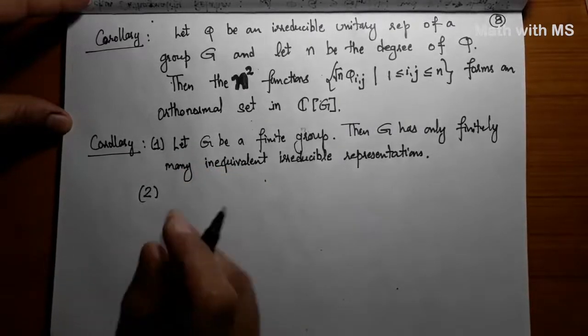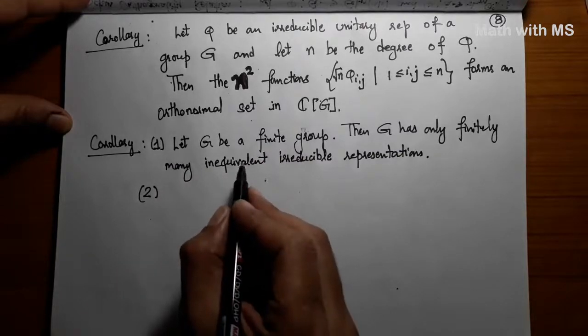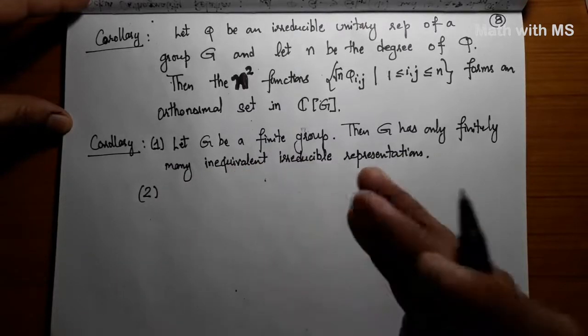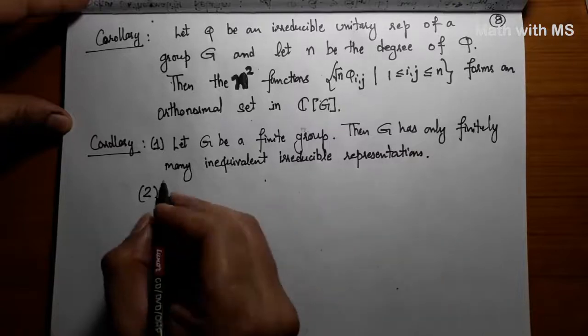And secondly, from 1, once you know the group G has only finitely many inequivalent irreducible representations, let us enumerate them.